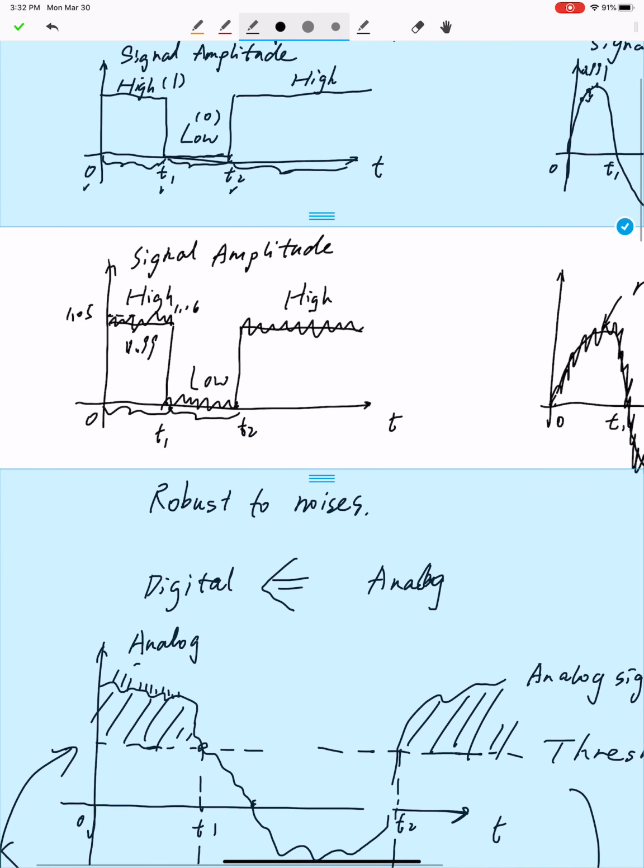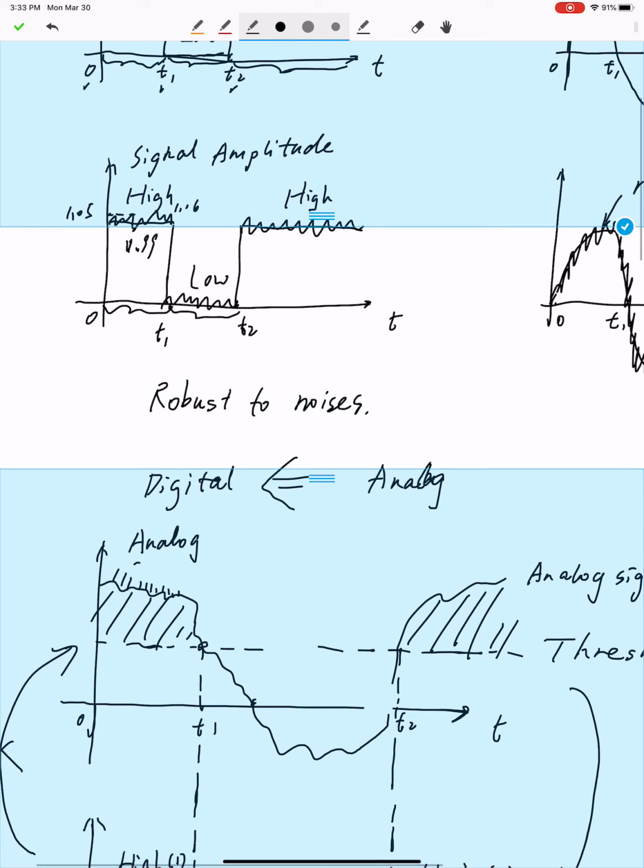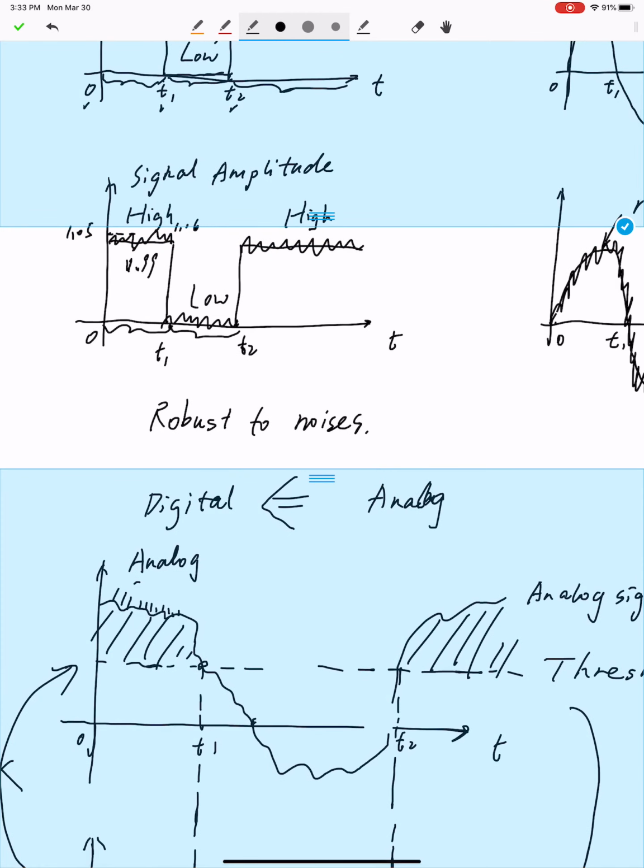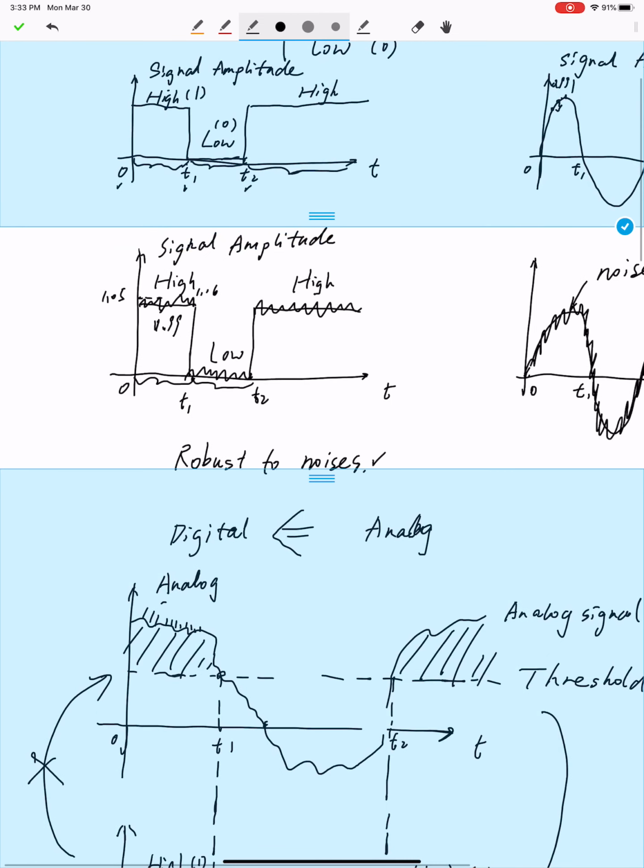So what's the benefit of having two states in a digital signal? The benefit is digital signal is more robust to noises. As you can see in this diagram, let's say a digital signal is corrupted with some noises, and this noise is not like the crazy noise.